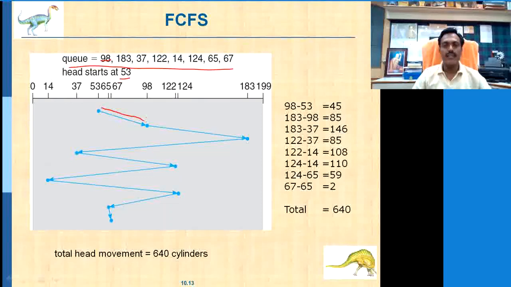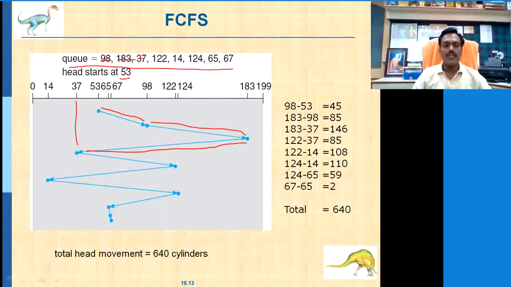Then from 98 it goes to 183. You can observe here it goes to 183 directly because 183 is the second service request. Then from 183 it goes to 37.